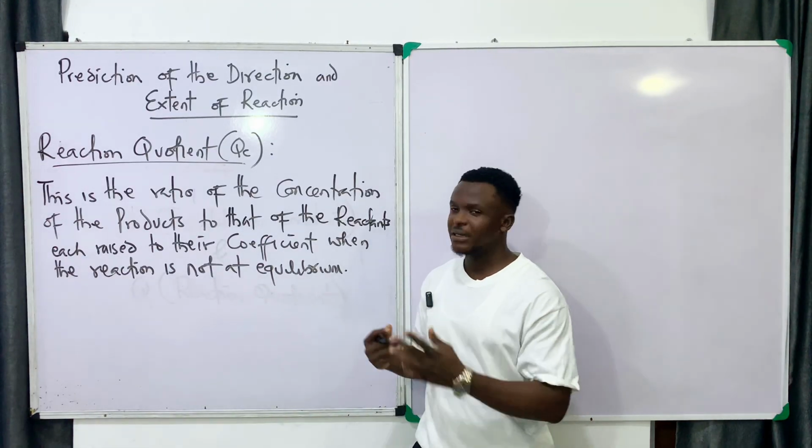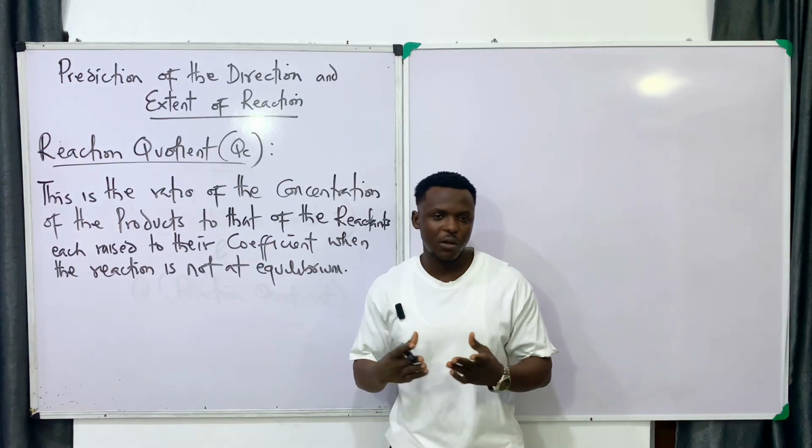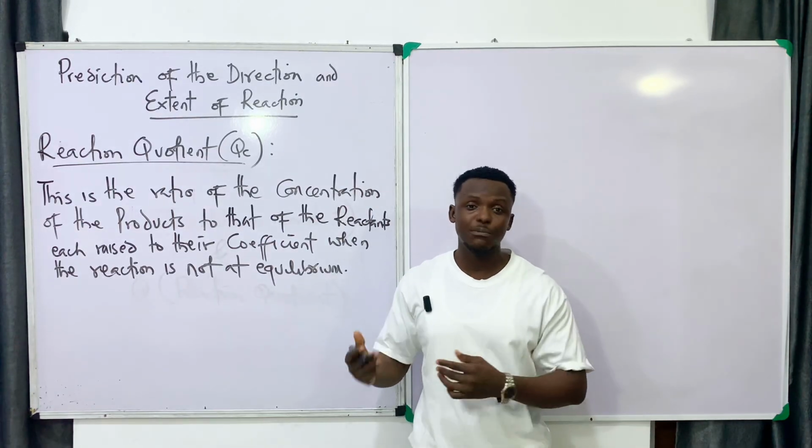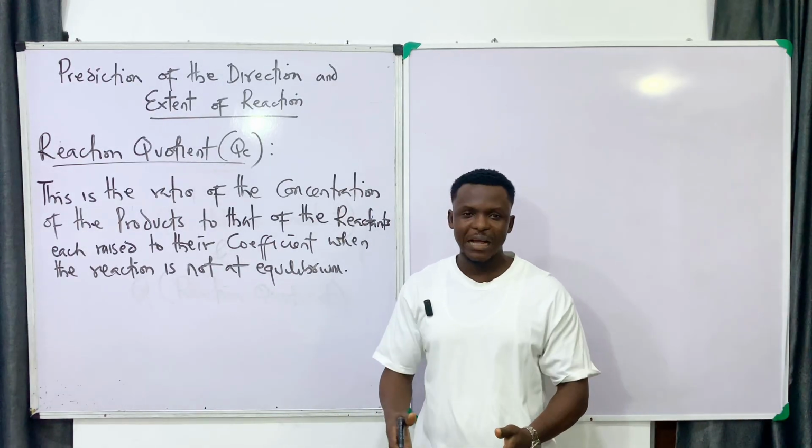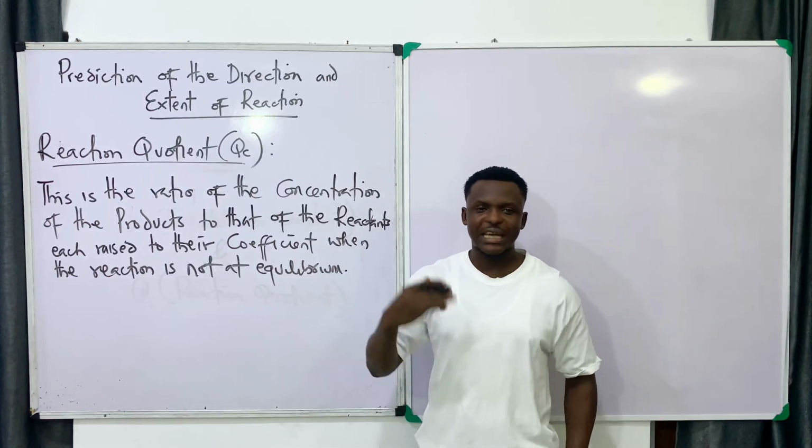So now we want to predict the direction of a reversible reaction at any point in time. If you start up a reaction now, the reaction will not just get to equilibrium.